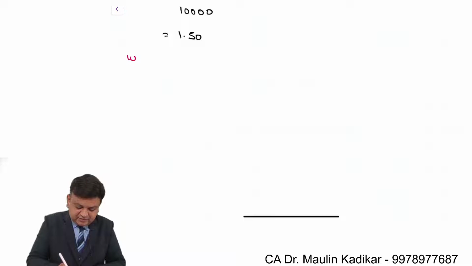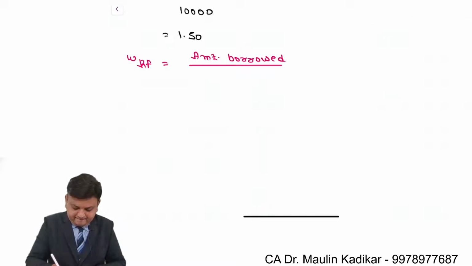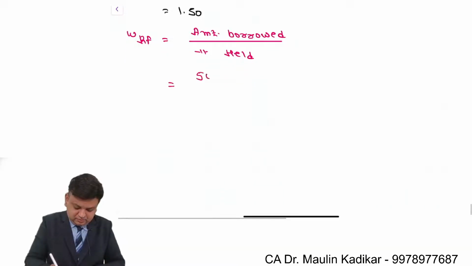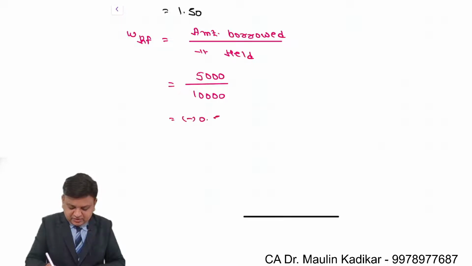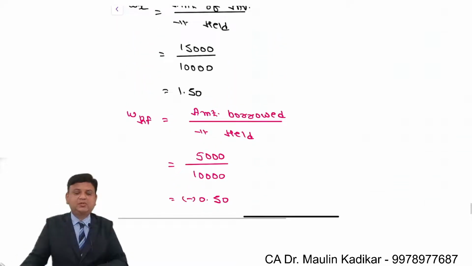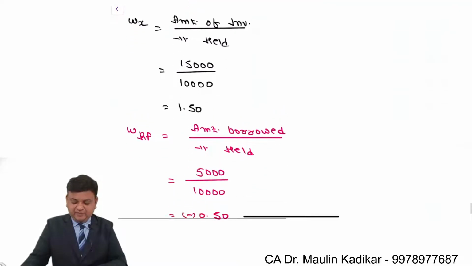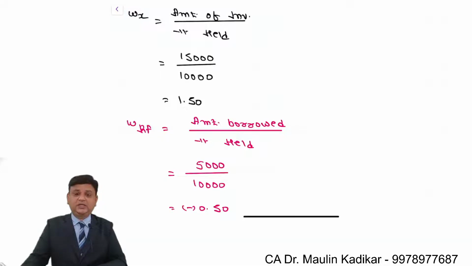As far as WRF is concerned, weight of RF is amount borrowed divided by amount held. What amount is borrowed? 5,000 divided by amount held 10,000. So the answer is negative 0.50. Dear students, in order to consider the effect of the payment of the interest, we have to take the weight of the risk-free security as negative. Why? Because we have borrowed and we are making investment. That is the reason.